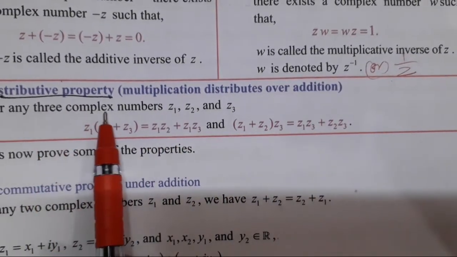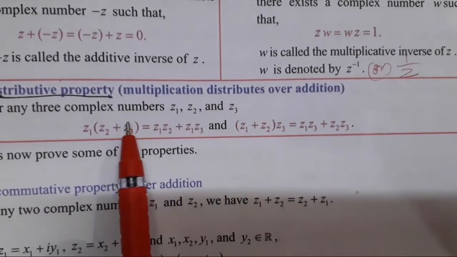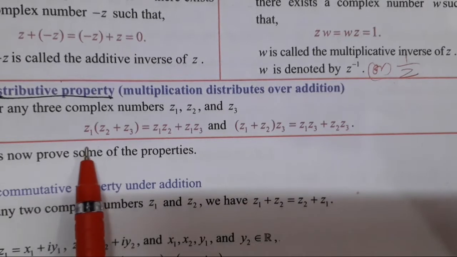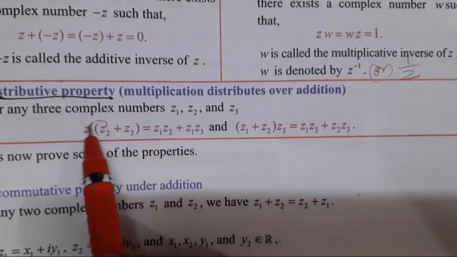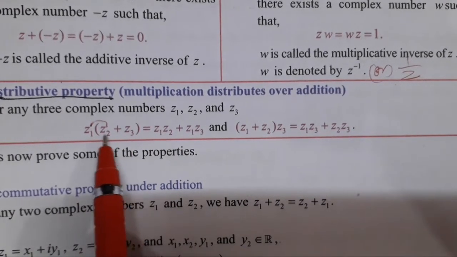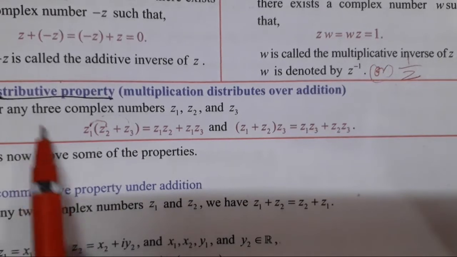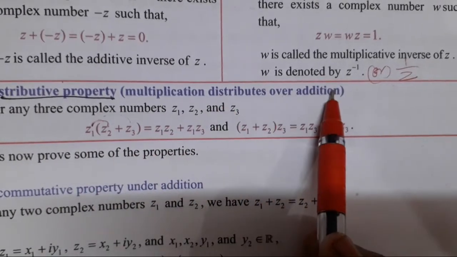For any three complex numbers z1, z2 and z3, z1 into z2 plus z3 equal to z1 into z2 plus z1 into z3. This is nothing but what? Distributive property.